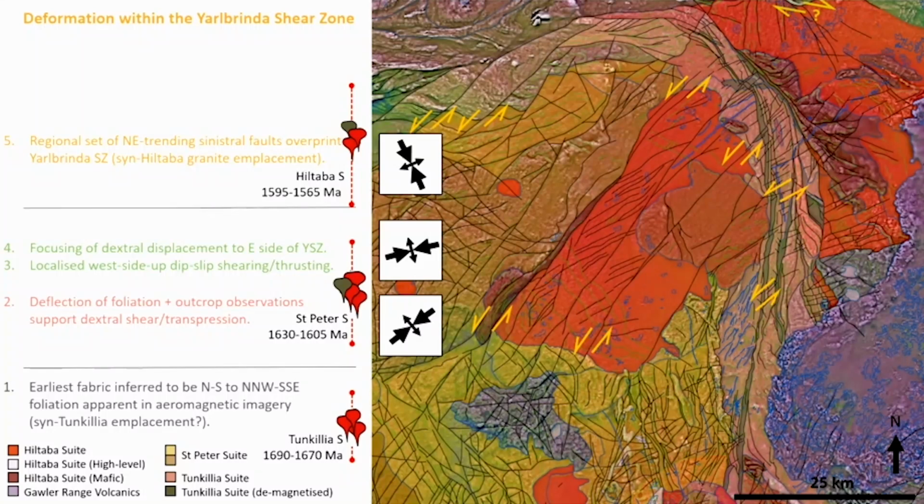This is thought to be concurrent with early emplacement of the Hiltaba suite and probably early dextral displacement on the Yarlbrinda Shear Zone to the north.